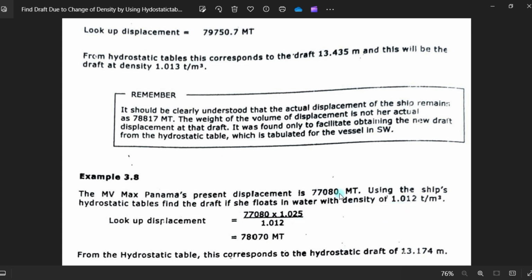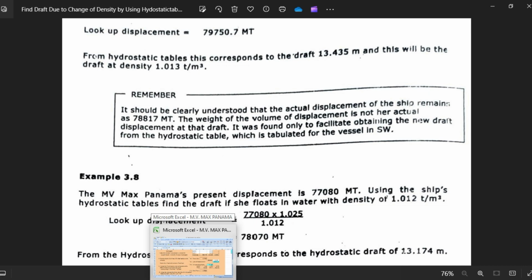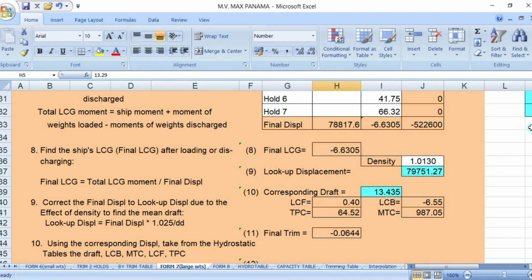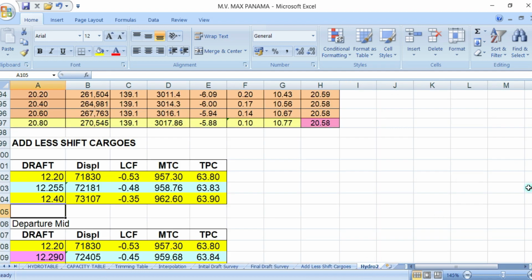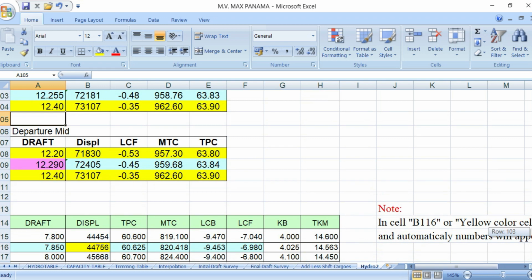So we'll just investigate this with the program. 77080.